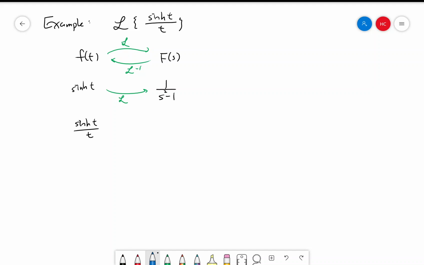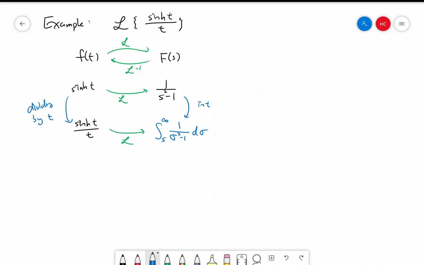And according to the theorem, because here we're dividing by t, the Laplace transform we're looking for is the integral of this function. So the official answer will be the integral from s to infinity of 1 over sigma squared minus 1 d sigma.